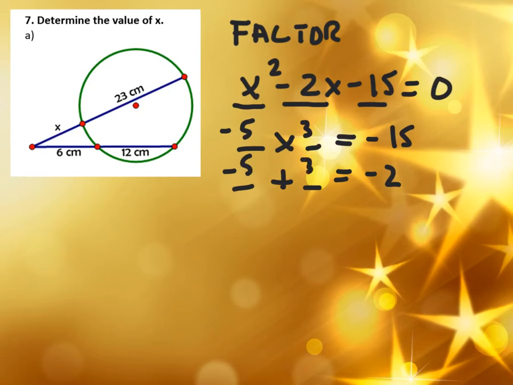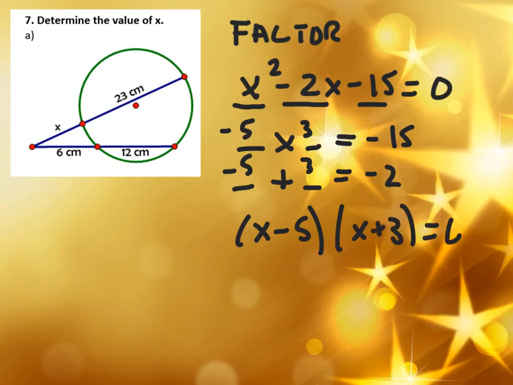We would factor it as x minus 5, x plus 3, and our two solutions would be 5 and negative 3, if factoring was the technique.